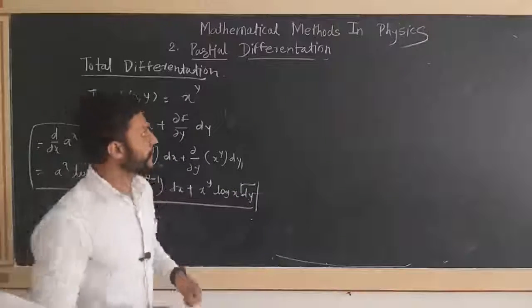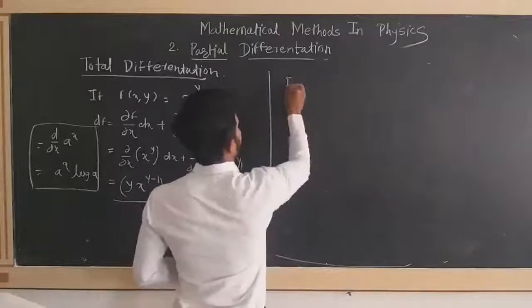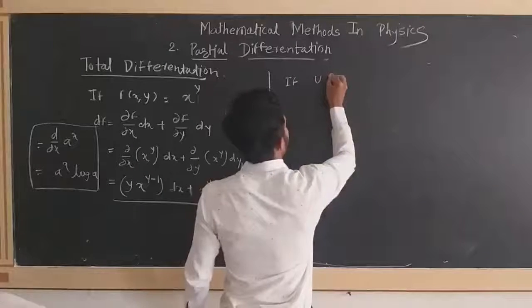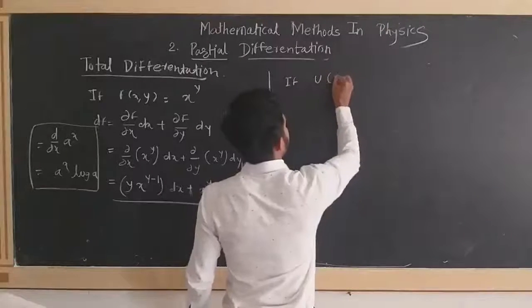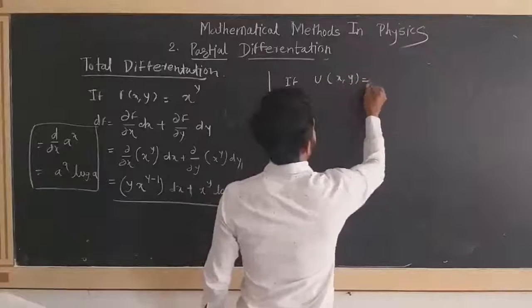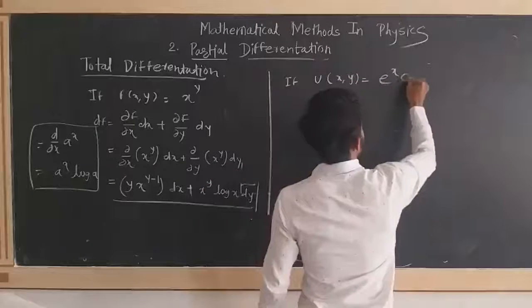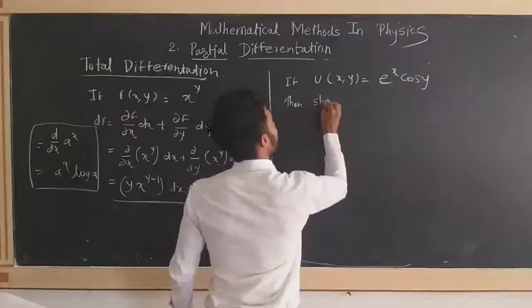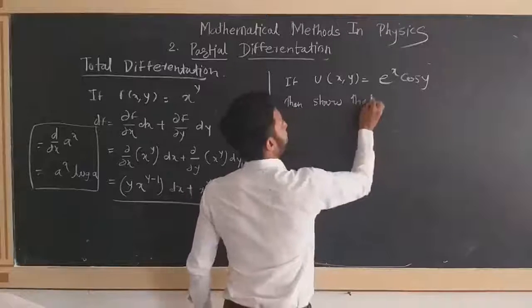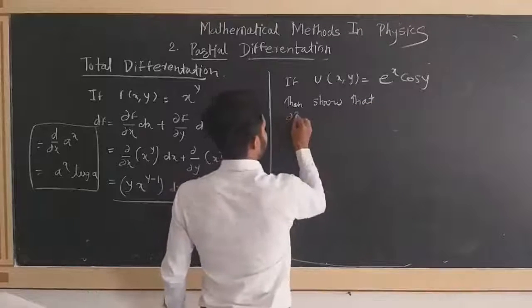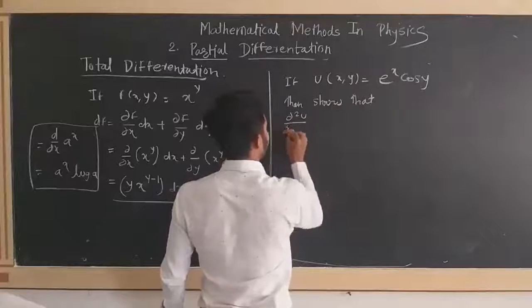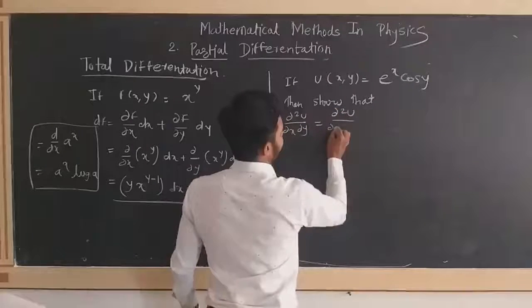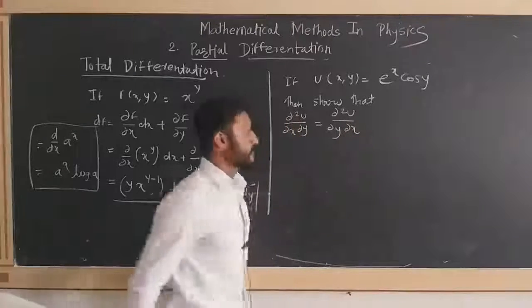One more problem. If u is a function of x and y, which is given by e^x cos y, then show that ∂²u/∂x∂y is equal to ∂²u/∂y∂x.